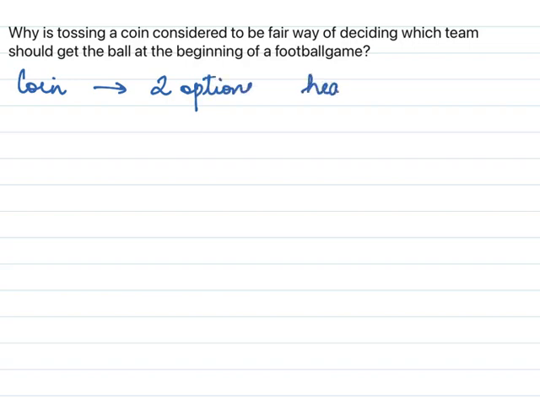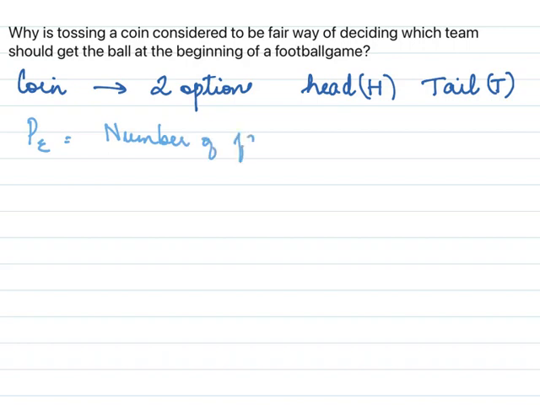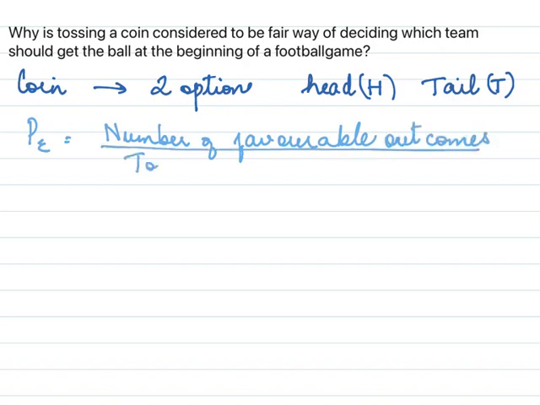It could be a head, which we denote as H, or it could be a tail, which we denote as T. So the probability of an event here, we know, is always the number of favorable outcomes over the total number of outcomes.